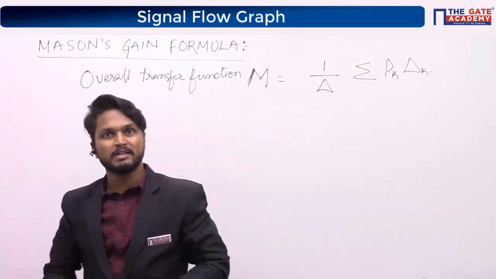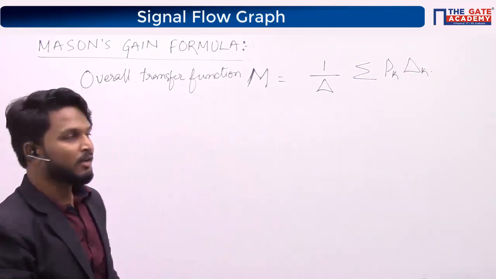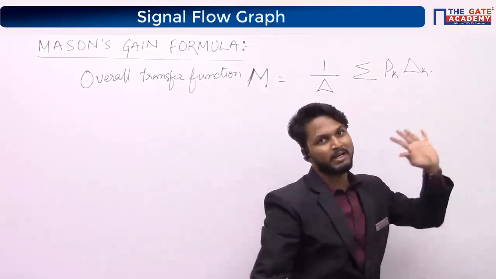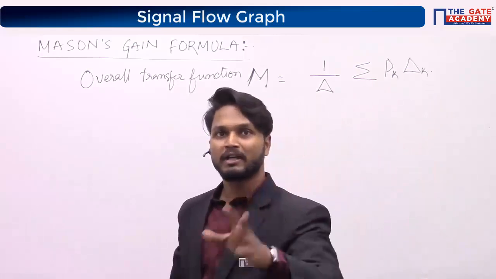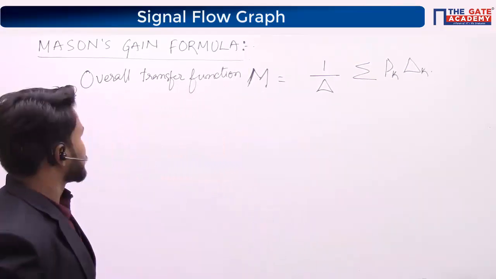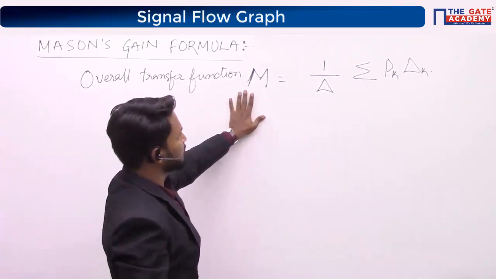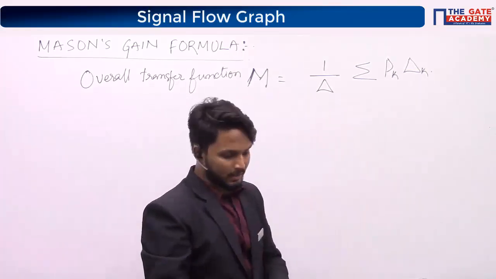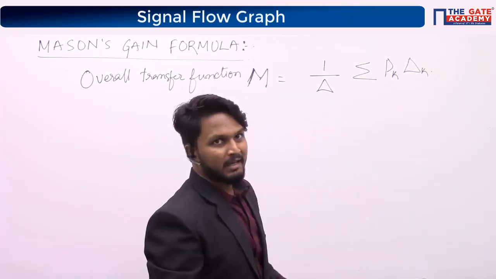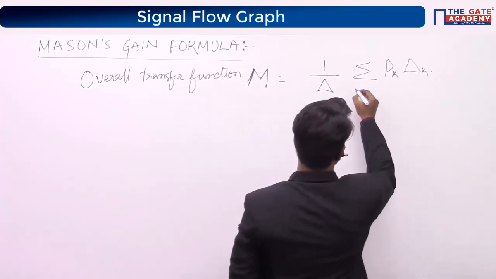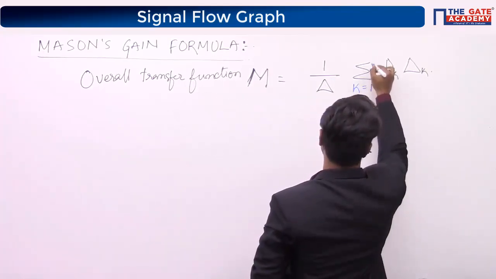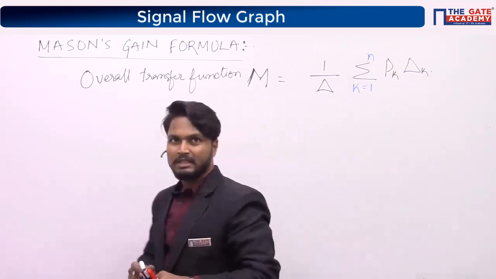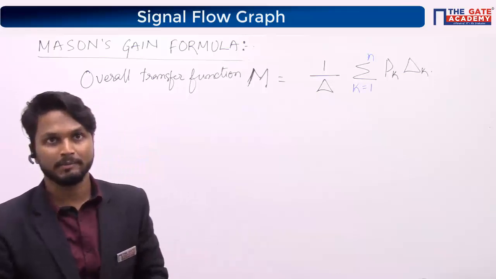That's it. Very simple formula. You have to see what is meant by delta, what is meant by pk, what is meant by delta k. Once you get it, it is over. So M is equal to 1 upon delta sigma pk delta k, where k runs from 1 to n, and we'll see each and every term clearly, right?